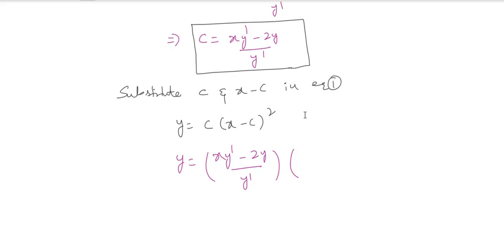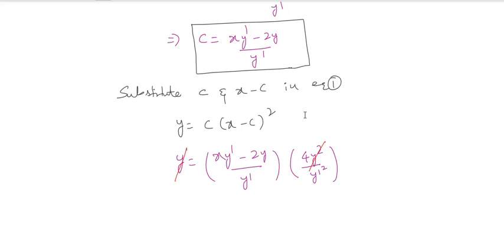If I square it, I will have 4y square by y dash square. Don't get confused, y dash means dy by dx. Now if you check properly, make a cancellation. This y will get cancelled.